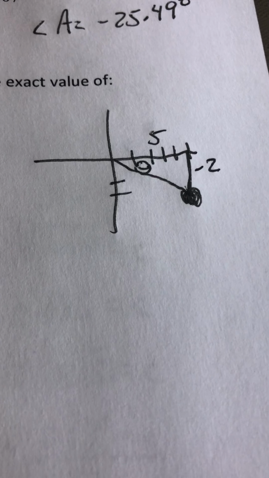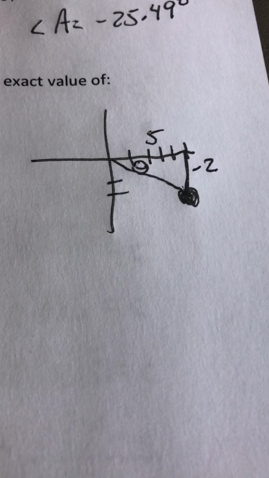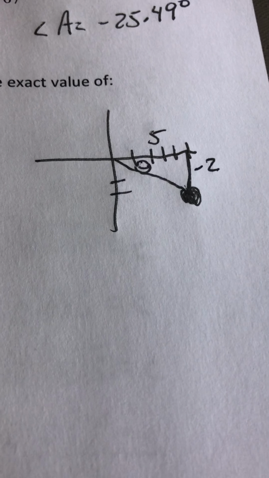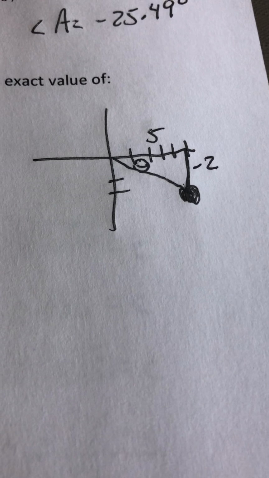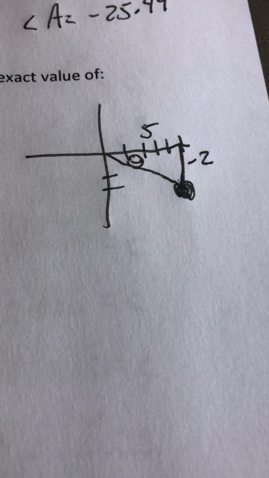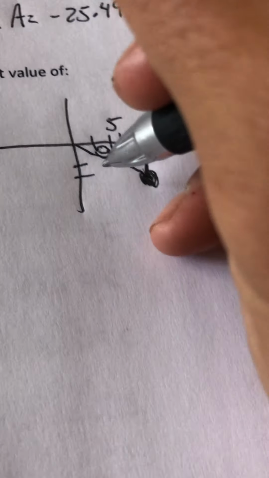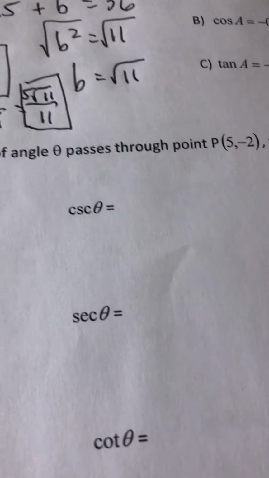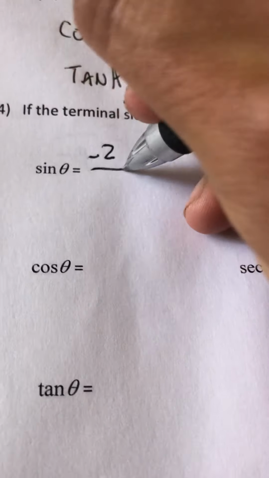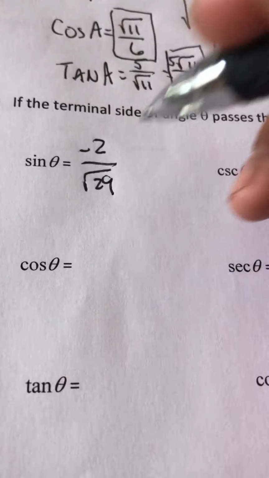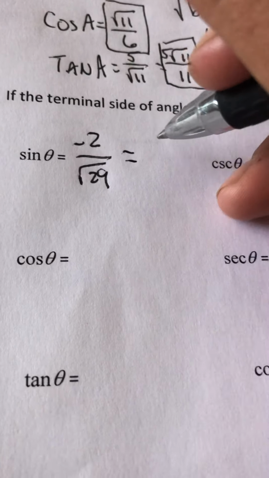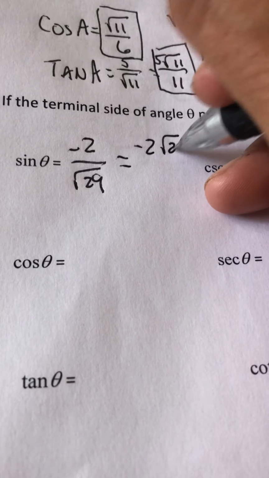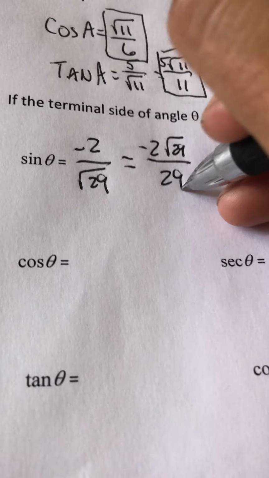So we're going to use the Pythagorean theorem to find the hypotenuse. So you have 5 squared plus negative 2 squared to get 29. So this is going to be the square root of 29. So sine is opposite over hypotenuse. We have negative 2 over radical 29. We rationalize that to become negative 2 radical 29 over 29.